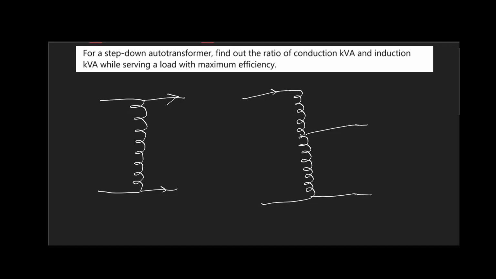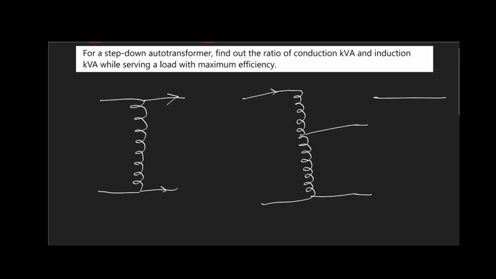While discussing this, how much kVA could be drawn from this auto transformer? The idea is very simple: we have to use the high voltage winding as our output terminal.